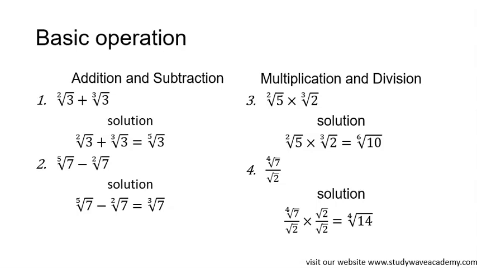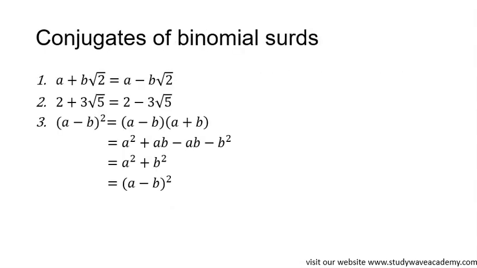Okay, so next we're going to be looking at conjugates of binomial surds. The conjugate of binomial surds is obtained by changing the sign between the terms, okay? What do we mean by binomial surds? There are two surds, okay? Two surds.